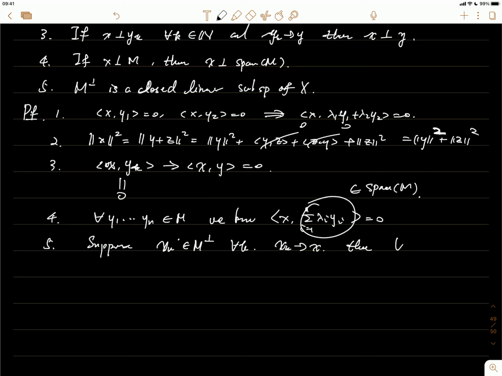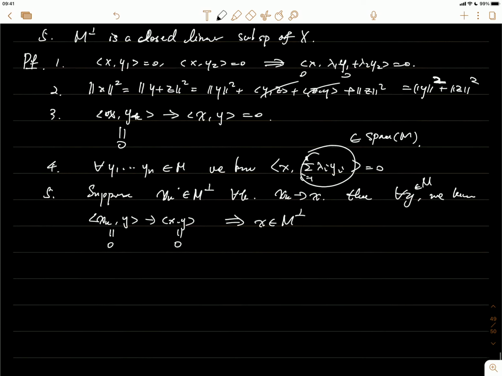Then for any y in M, the inner product of x_k and y goes to the inner product of x and y, because x_k goes to x, and the inner product is continuous in both arguments. But since x_k is in M perp, this is equal to 0, since y is in M. This implies that the inner product of x and y is equal to 0, which implies that x is in M perp. And that shows that M perp is actually closed.